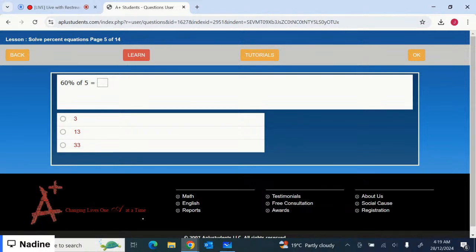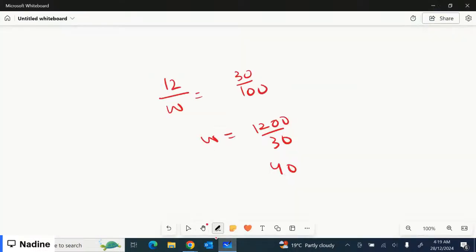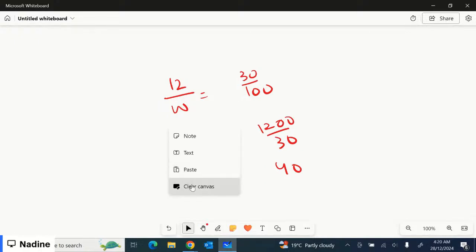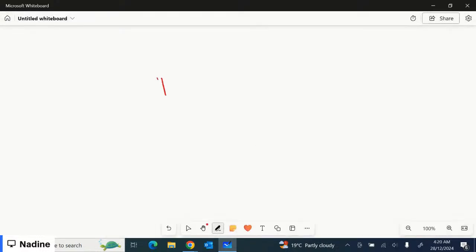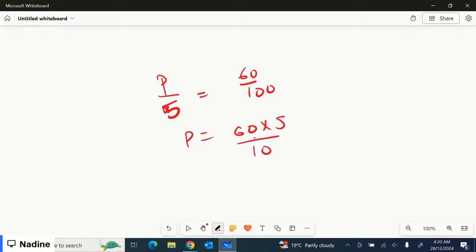60% of 5 is what? 5 is the whole number. P equals 60 times 5 over 100. 5 times 6 is 30.